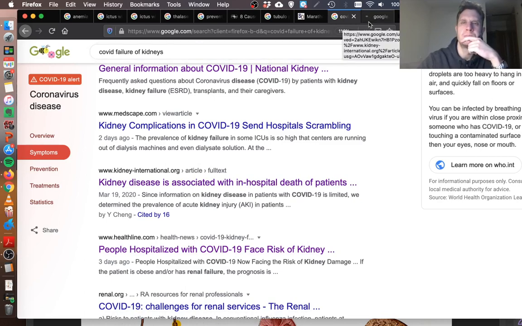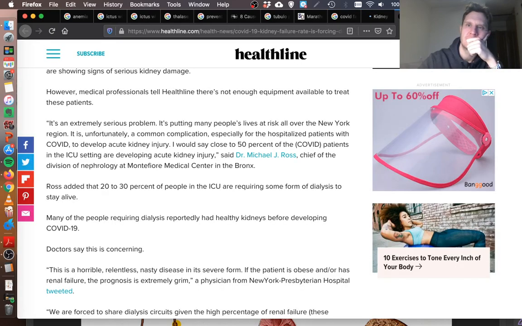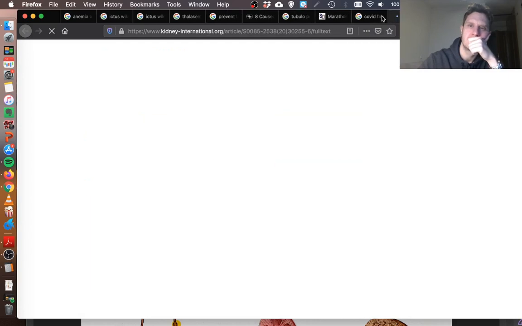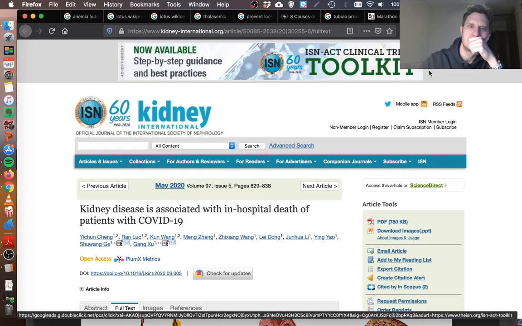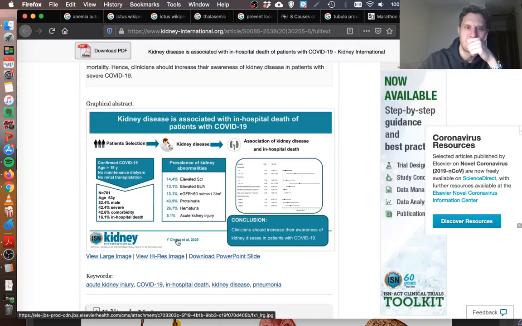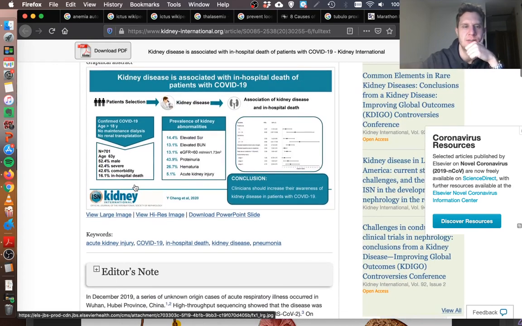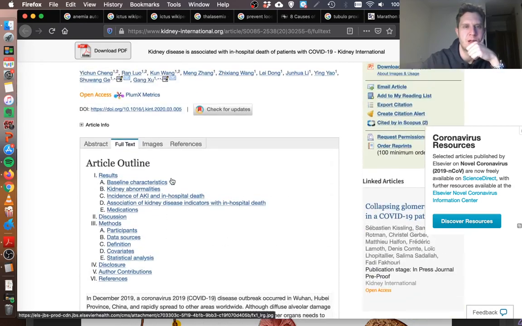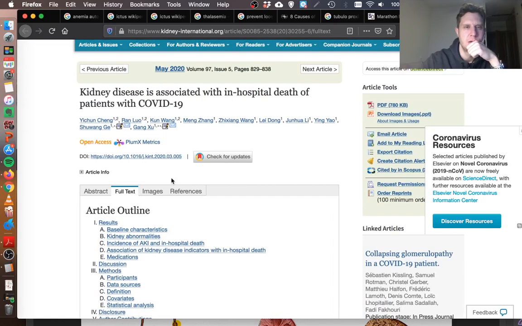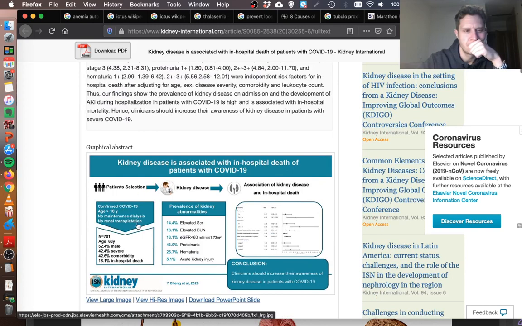So, this is an article from kidneyinternational.org. Among in-hospital death patients, under 18 years old, there is no need to go to dialysis.